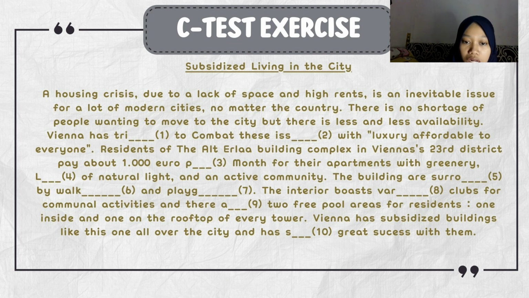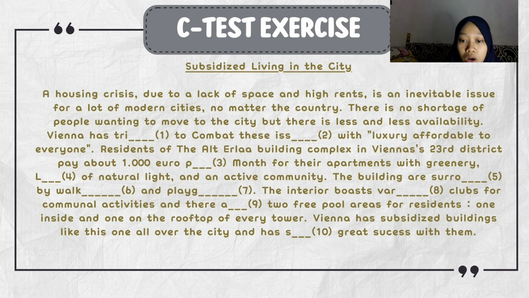Residents of the Alt Erla building complex in Vienna's 23rd district pay about 1,000 euro (3) per month for the apartment with greenery, (4) lots of natural light and an active community. The buildings are (5) surrounded by (6) walkways and (7) playgrounds.